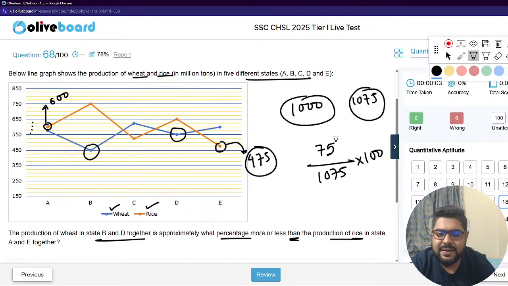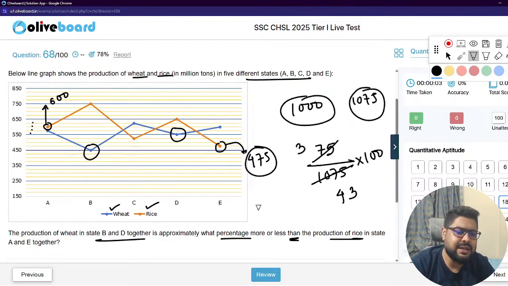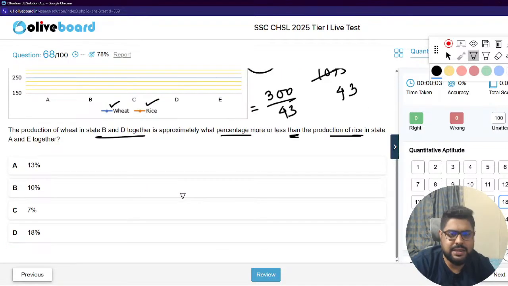Correct, sir? Calculate it. 25 3s are this, 25 4s are 100. We will have to do this. 300 by 43. Let's look at the options. Options are very good. Only possibility is 7.